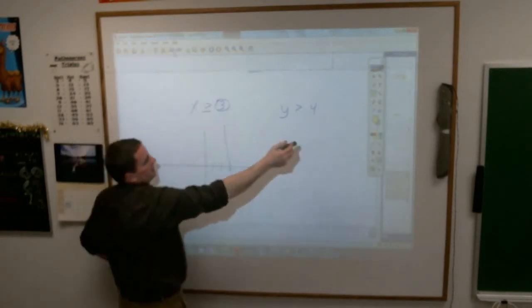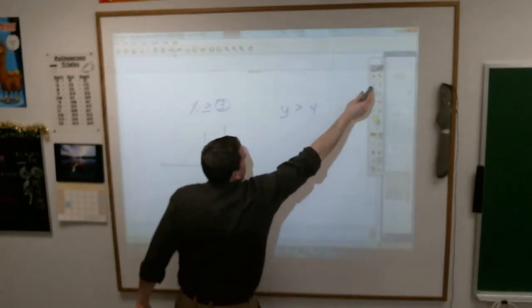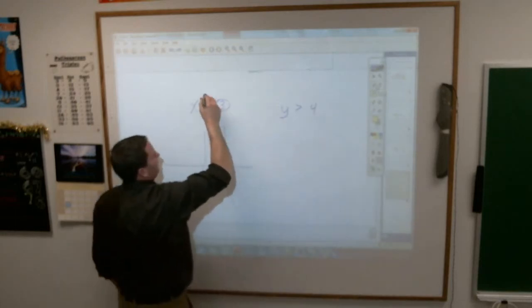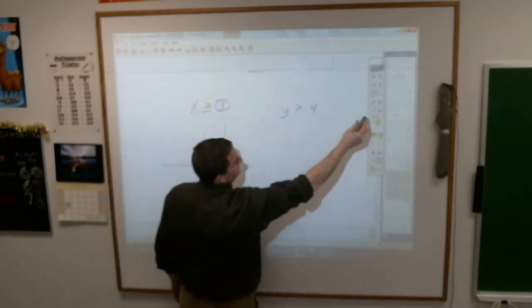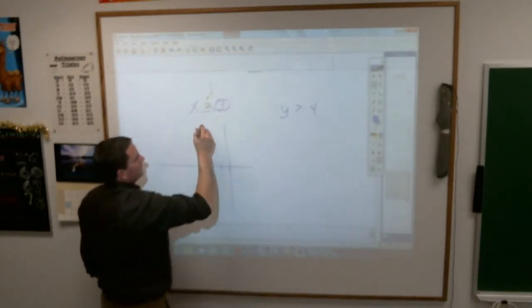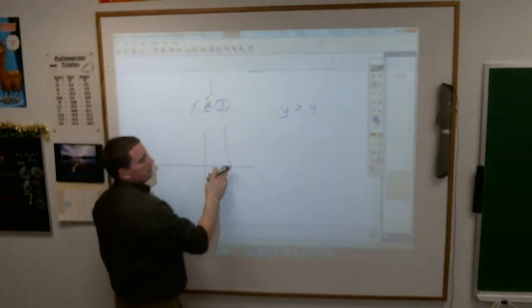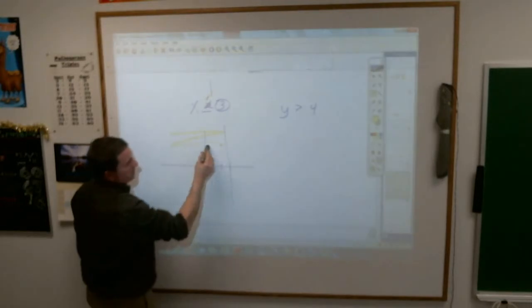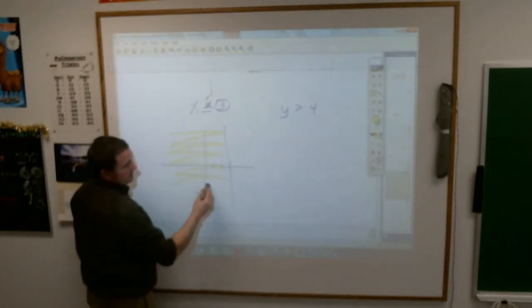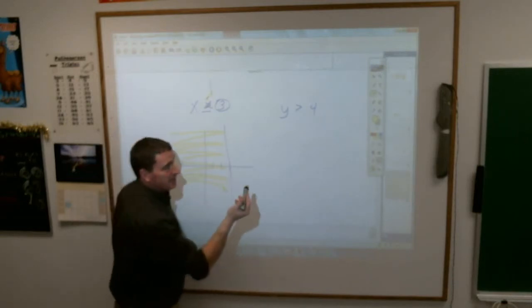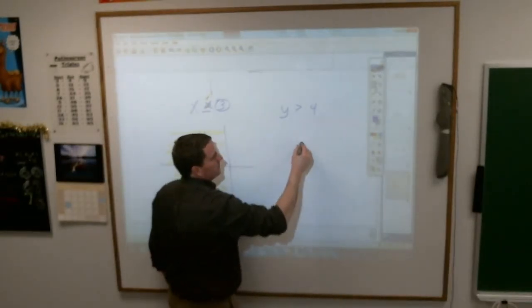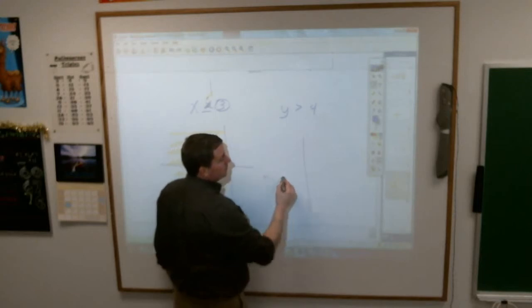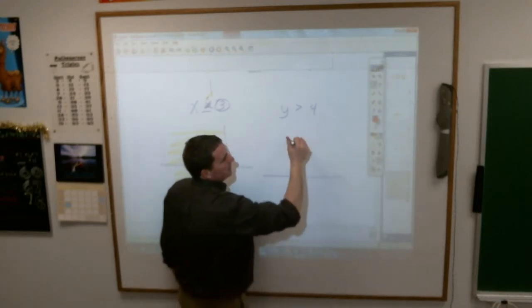Had this switched and been a less than sign, that means you color in the less than side, which would be this side, where x is smaller than 3. Greater than side, less than side. Y's are very much the same, except they're not vertical lines, they're horizontal lines.